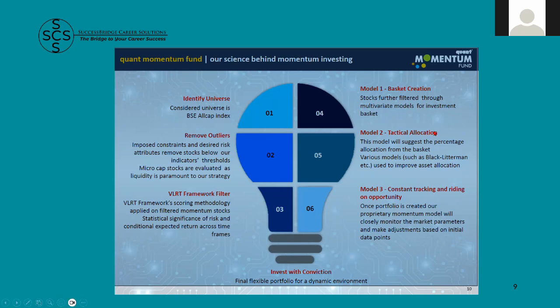That's how you do the allocation, and there are lots of models, lots of quantitative formulas and programs that help you do that in a fraction of a second. You have constant tracking, looking at opportunities to see if there is another attractive stock that has come into the picture.